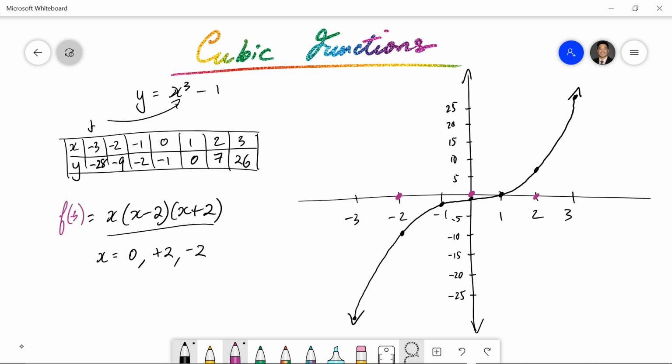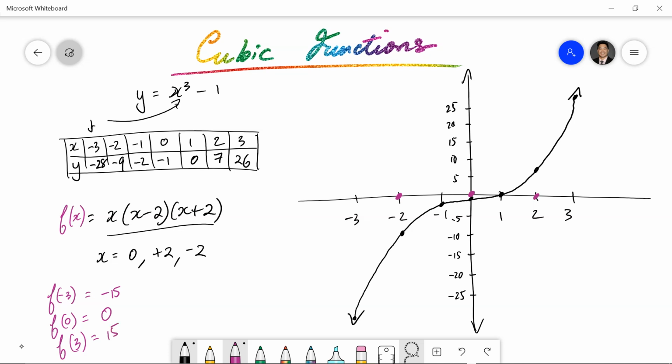So let's substitute. f of minus 3 is going to be equal to minus 15. If we have f of 0, substitute 0, it's all going to be 0. And then if we say f of positive 3 and substitute a 3 into f of x, you'll end up getting positive 15.